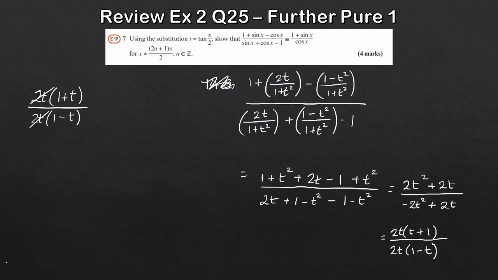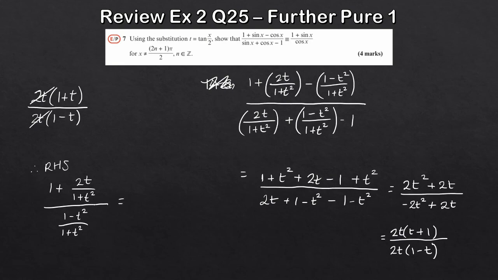Now at this point, we're not quite finished because this doesn't necessarily show that this is identical to 1 plus sin x over cos x. So what we have to do is use our identities and substitutions with the right hand side. So the right hand side is 1 plus 2t over 1 plus t squared, that's 1 plus sin x, divided by 1 minus t squared over 1 plus t squared.